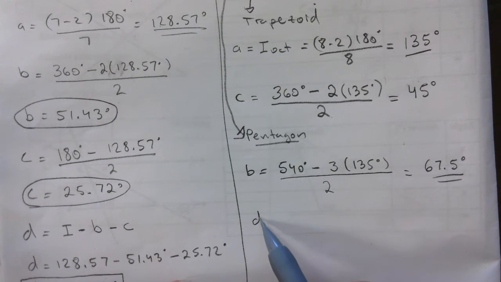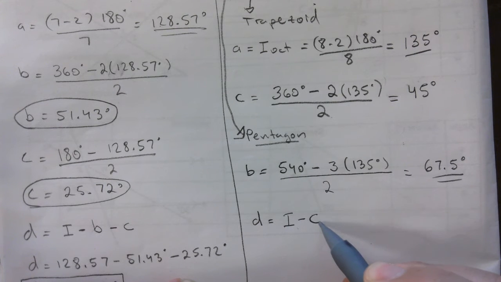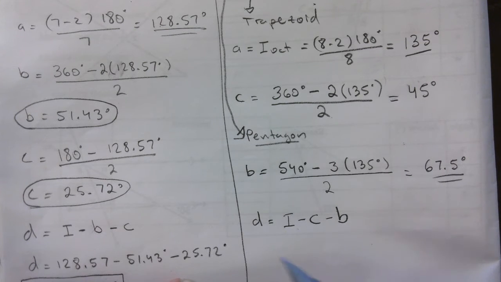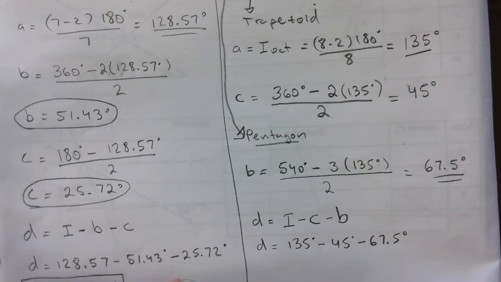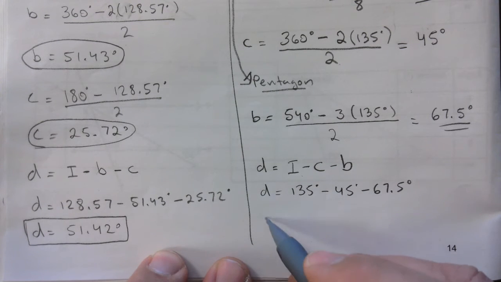And to find angle D, what I'm going to do is I'm going to take the interior angle and I'm going to subtract C from it, and I will also subtract B from it. So it's 135 minus 45 minus 67.5. Which is 22.5.